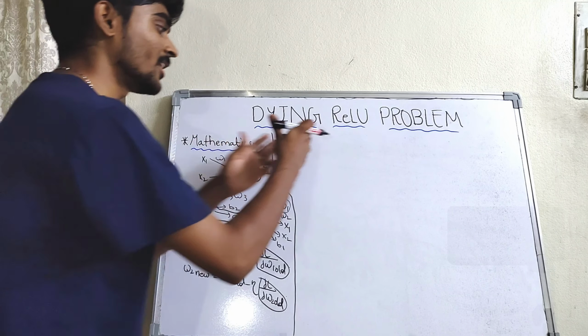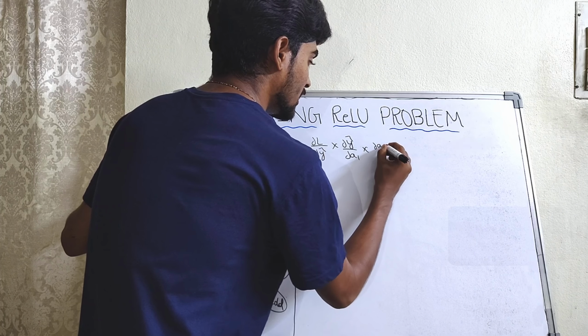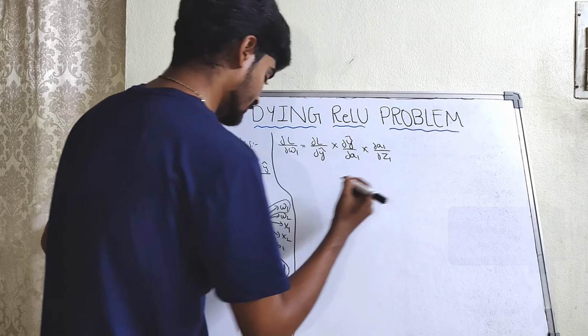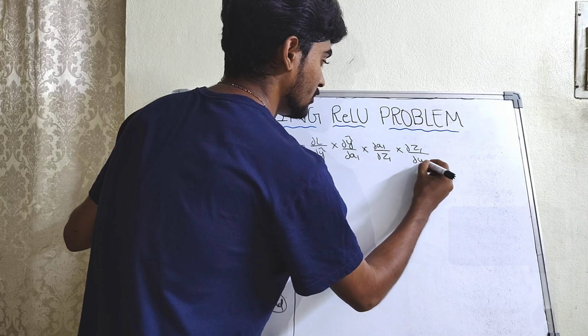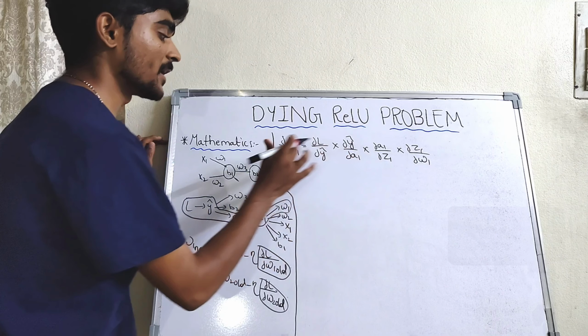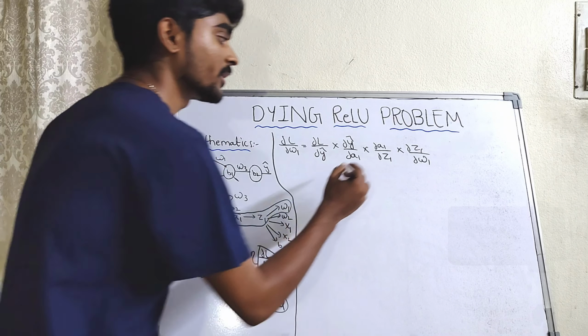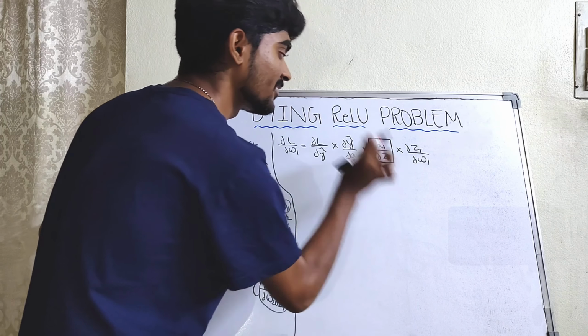Let us write the same: dou L by dou y hat multiplied by dou y hat by dou A1 multiplied by dou A1 by dou Z1 multiplied by dou Z1 by dou W1. This is the entire expansion of this gradient value. Now let us consider only this single term.